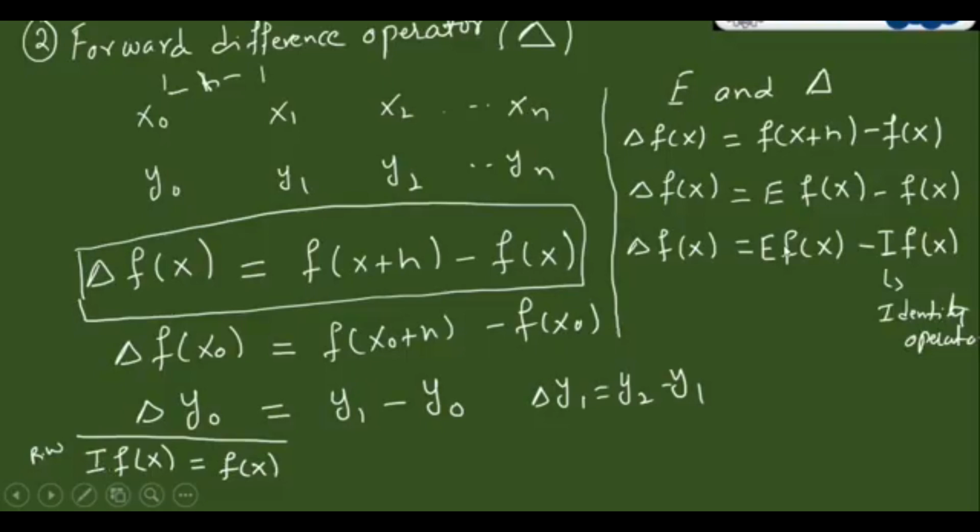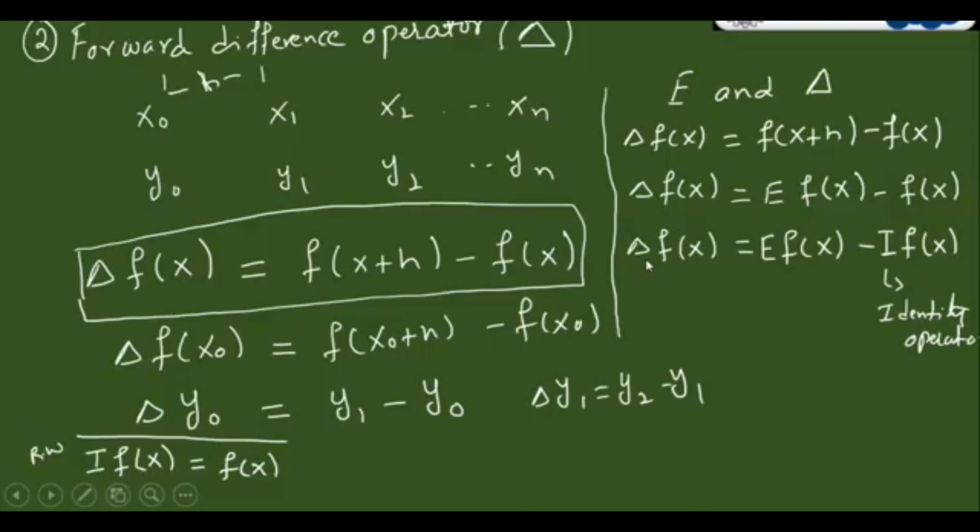So what does this say? If you apply the forward difference operator on any function f of x, it is equal to, which means you do not need to apply the forward difference operator, you can compute the same result based on this equation. What you have to do is apply the forward shift operator on that function, and subtract the identity operator, which means just subtract the value from that function.